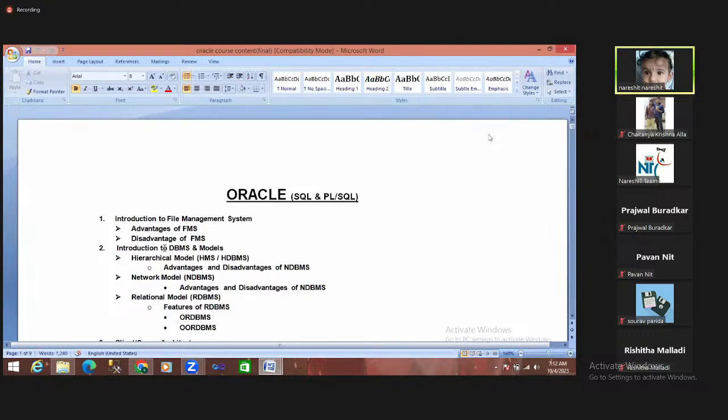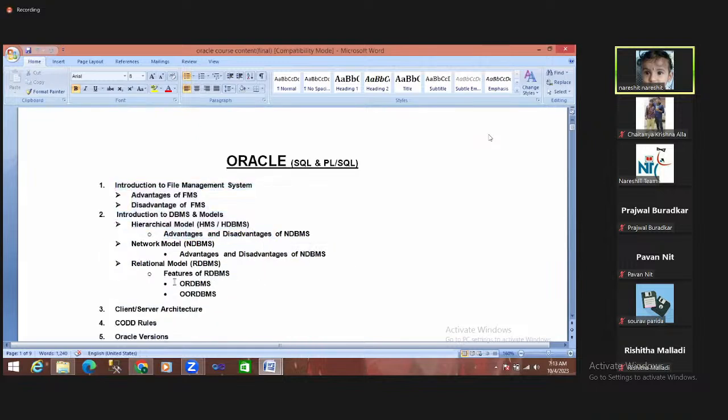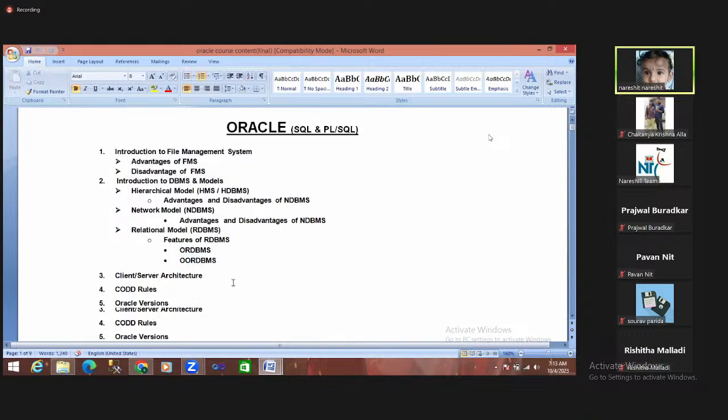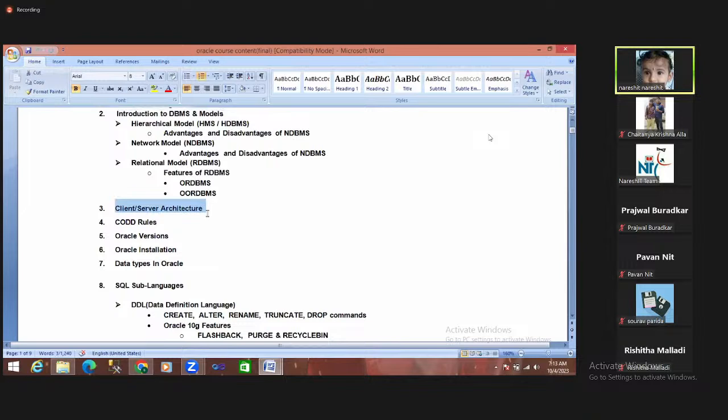See, introduction to files. These are the normal introduction part. What is ORDBMS? And the client server architecture. Yesterday's session we completed this Oracle client server picture, and Codd's rules. Codd is one of the EF Codd, actually. He was a software employee.